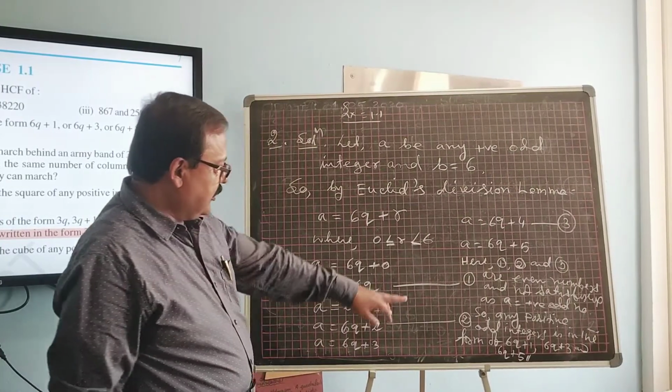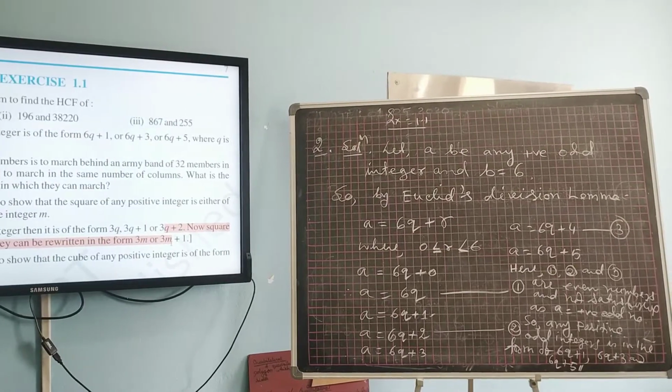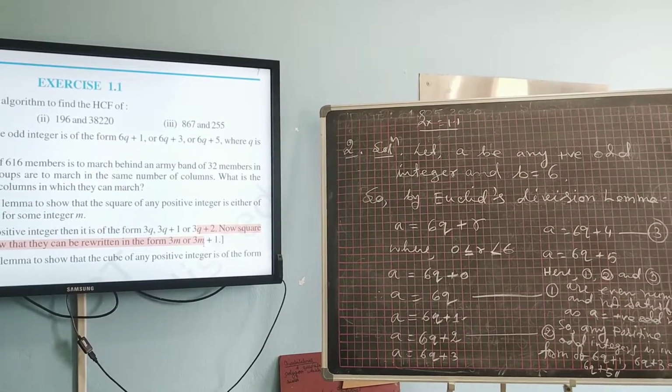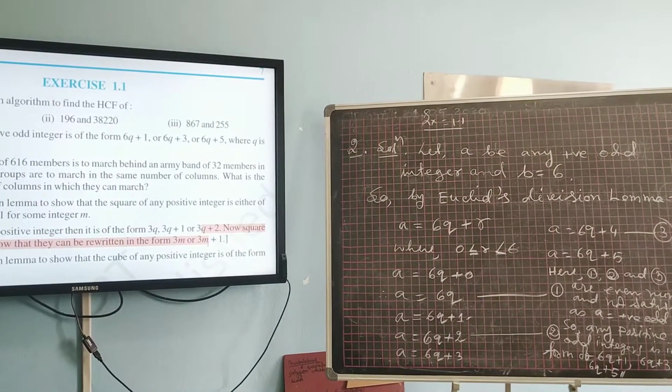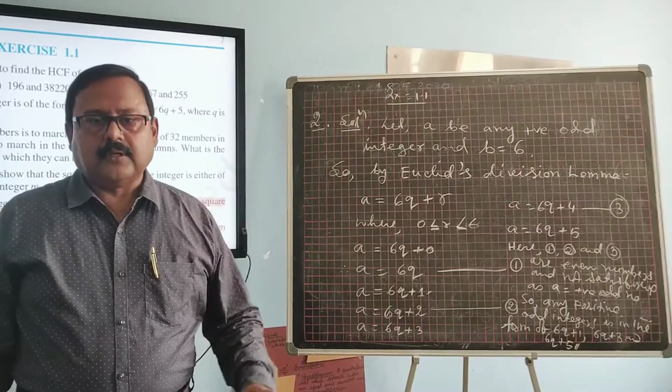So any positive odd integer is in the form of 6q plus 1, 6q plus 3 and 6q plus 5. In this way we can prove it.